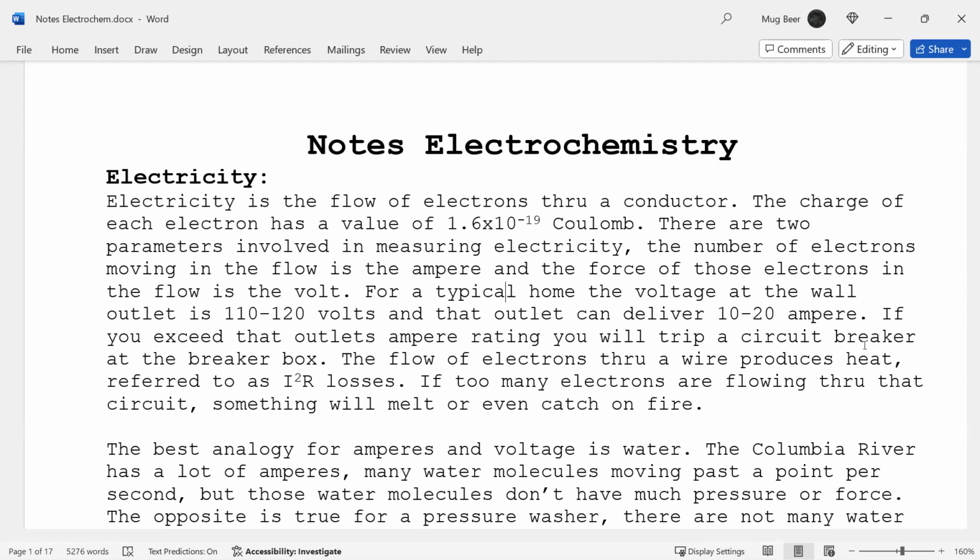But I'd rather do that as opposed to standing in front of a pressure washer, or even just the pressure washer thing that they've got at the car wash. Like that would hurt. Even though the number of water molecules is so much smaller than the river, they're coming out a lot faster. So the speed, the pressure, is sort of the voltage of it, and the quantity of molecules and electrons, that would be your amperage part.